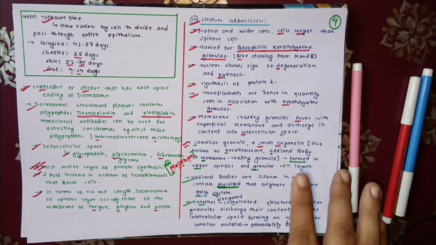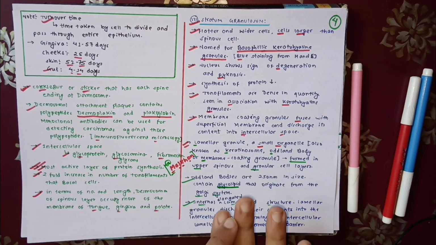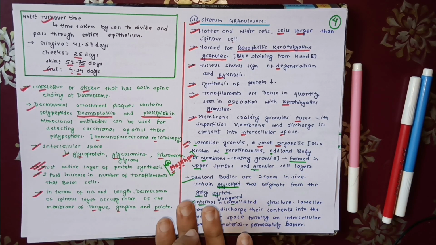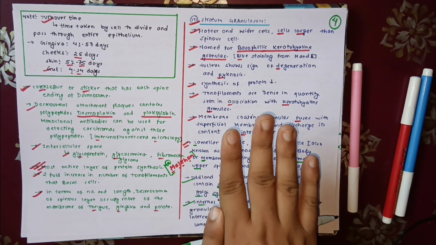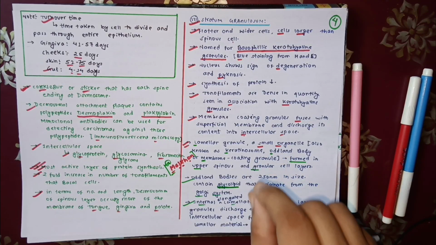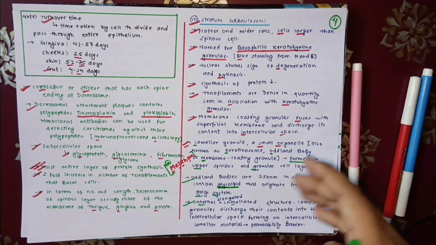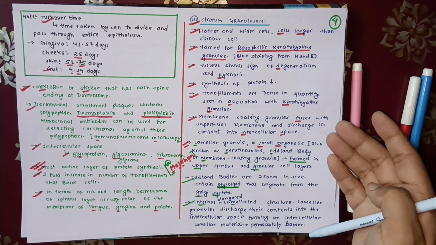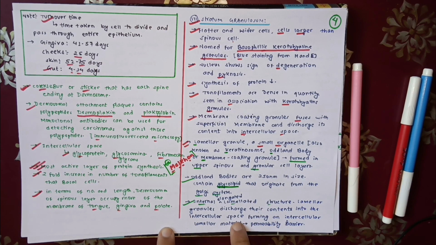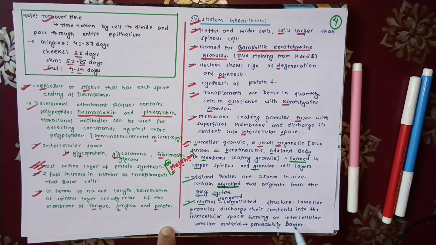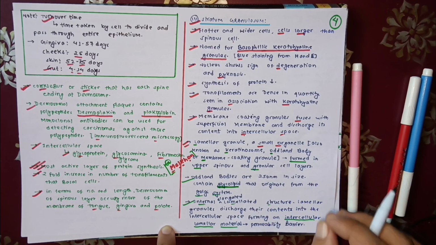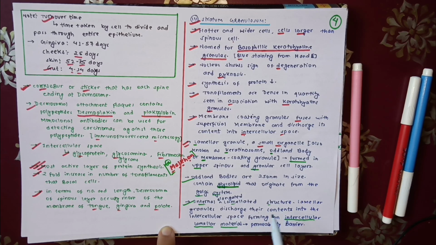The Odland bodies, or the keratinosome, or the lamellar granule, or the membrane coating granule are formed from glycolipid and generated from the Golgi system. Those glycolipids are secreted into the intercellular space and form the intercellular lamellar material. This is a technical term you can use while answering the question.